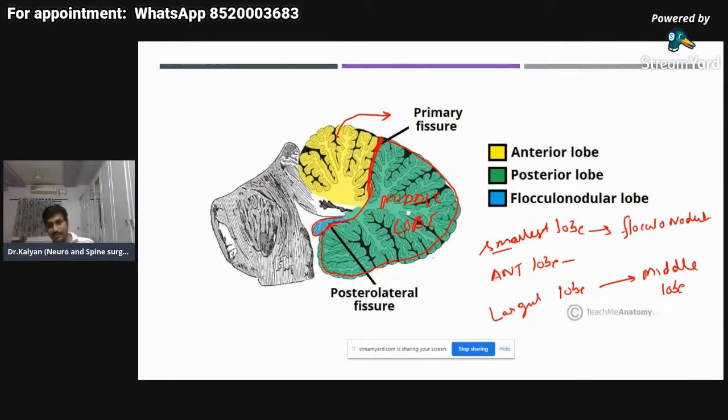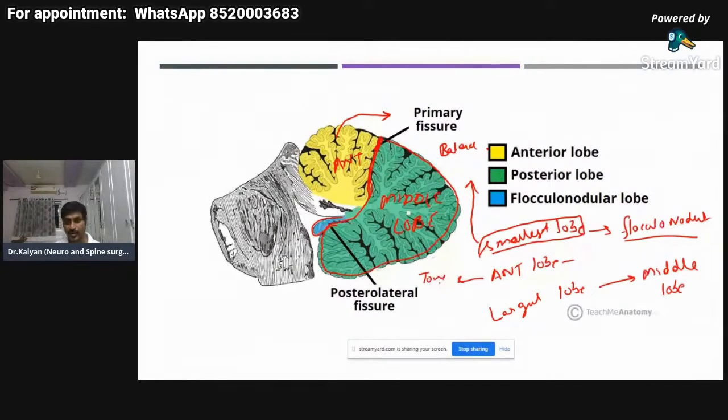So let's come back over here. The smallest lobe, from the picture, is the flocculonodular lobe. The function of the flocculonodular lobe is balance. The anterior lobe, which is of middle size: the function of the anterior lobe is tone and posture.